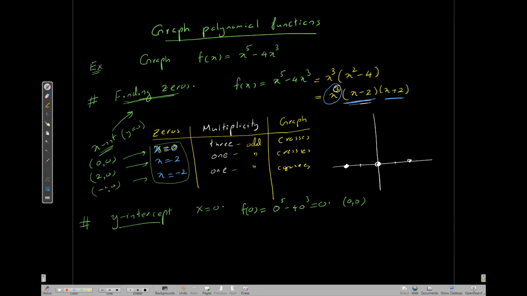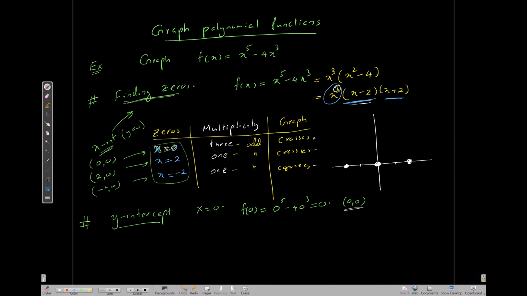We know our graph crosses through these points. It can go like this or like this; we do not know it yet, but at last we can figure it out.